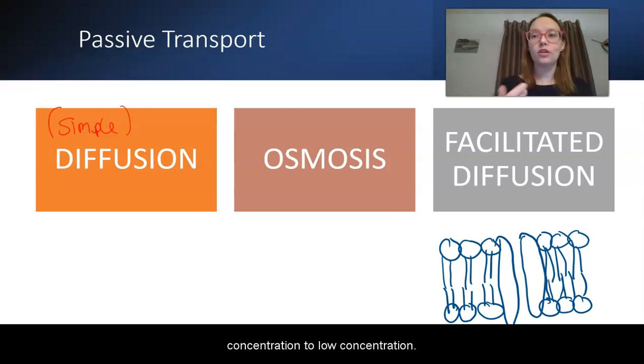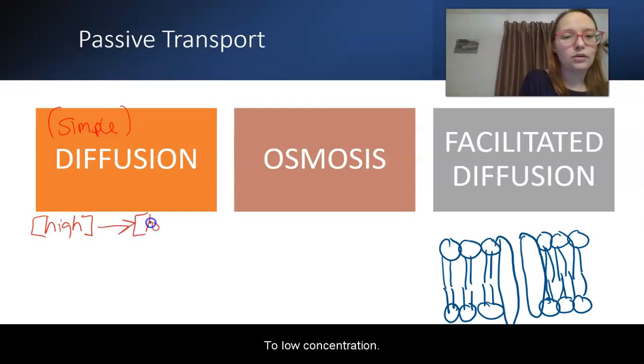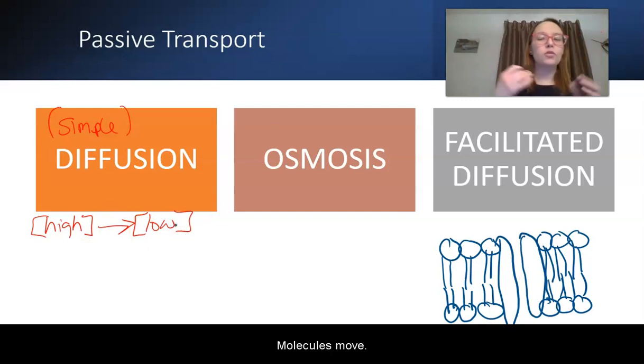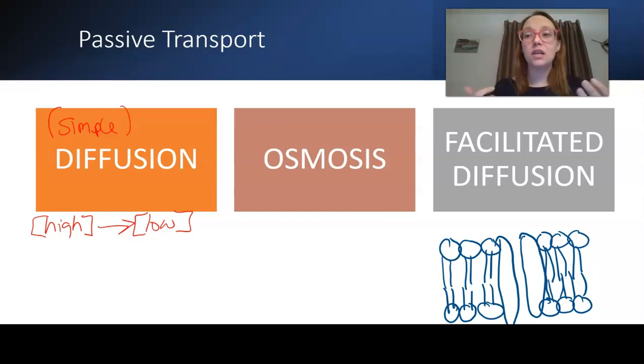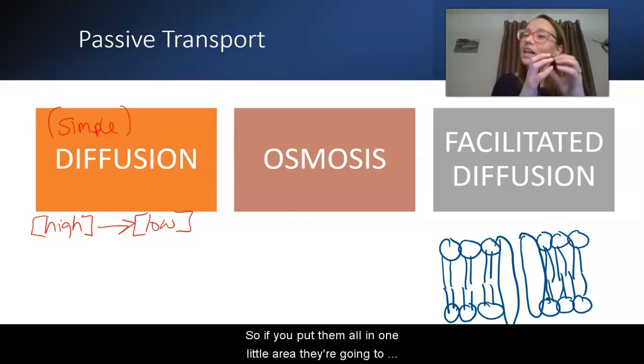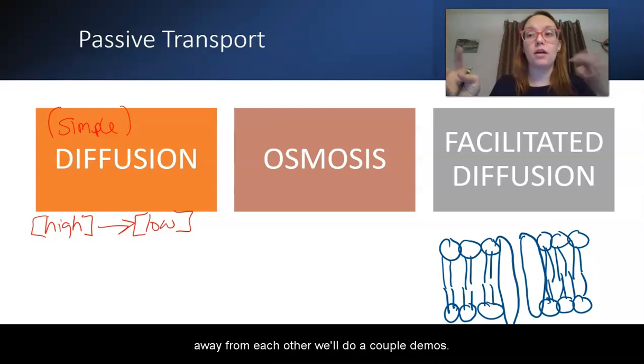low concentration. Oh my goodness, we just said that. So high concentration to low concentration. So molecules move. Naturally, molecules want their space. So if you put them all in one little area, they're going to want to spread apart. So they're going to want to move away from each other.